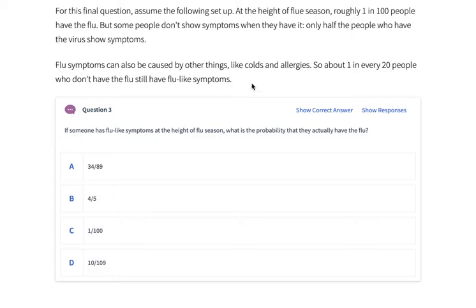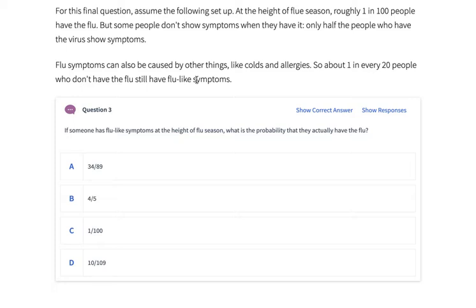What we have here is the probability that someone who doesn't have the flu will have those symptoms. So the final sentence, to be specific, tells us that 1 in 20 people who don't have the flu still nonetheless show these symptoms. So what that is to say is that the probability of symptoms, or S, given not F, or not having the flu, equals 1 over 20.